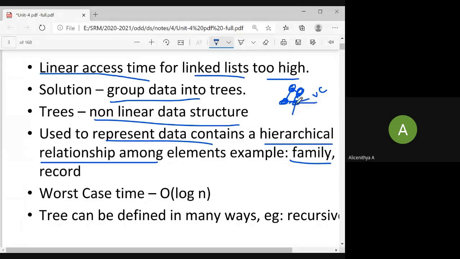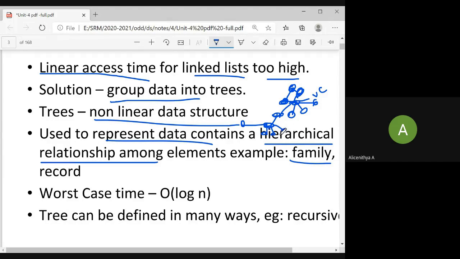Under the vice chancellor, multiple groups. For ENT, there will be one director, or pro VCs. If I take ENT alone, I will have the dean, then multiple departments: civil, mechanical, CSE, ECE, like that. Each department will have its own head.